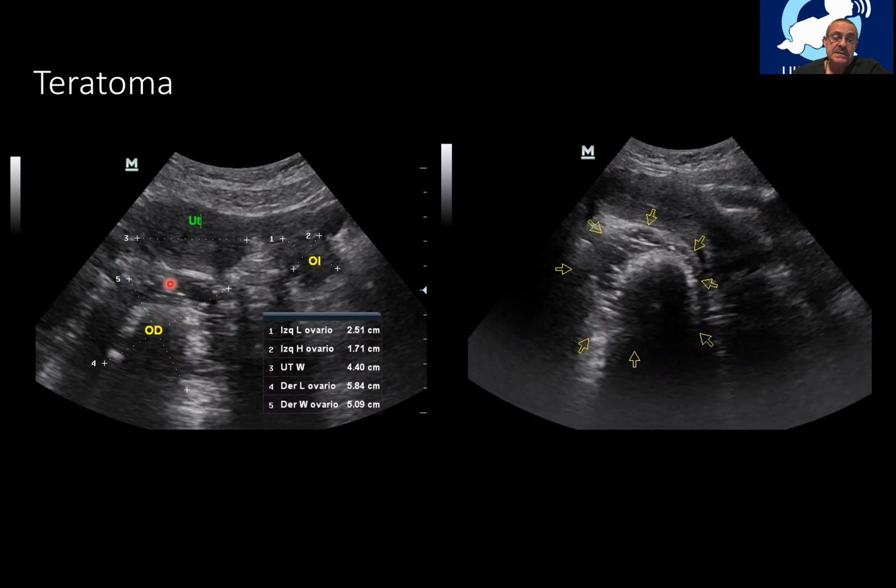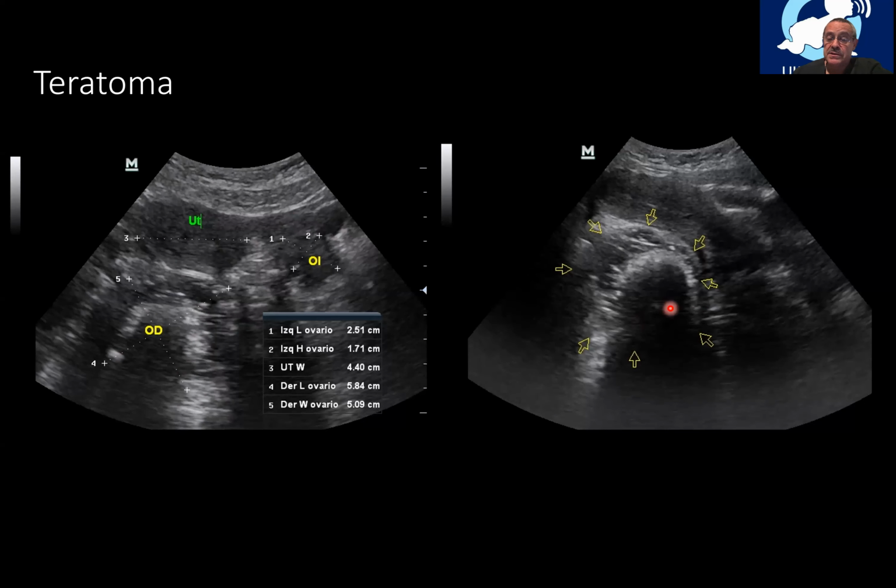Again, a different, complex mass. This is hairy, and in fact, sometimes those are hairs. This looks like the nuchal image of a fetus when you see the baby's hair in the amniotic fluid. But this is not a baby. This is the right ovary, this is the left ovary, and this is the uterus. This is a somewhat transverse view from the pelvis of a complex ovarian mass.